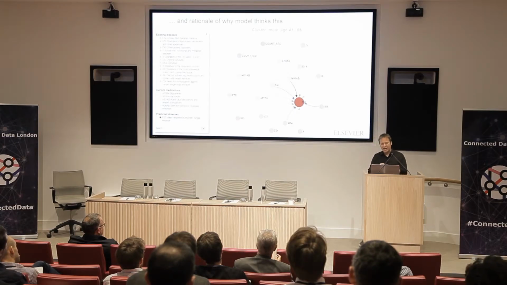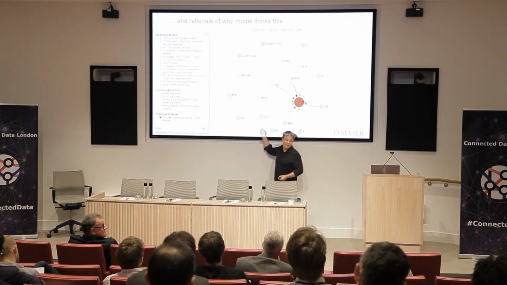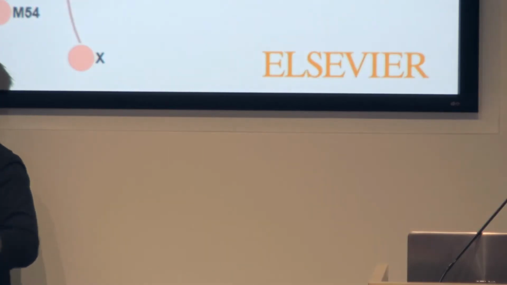We can display this: the blue is the current medications, these are your existing diseases, and the red is the likelihood, or the thing you're going to get. And the interesting thing is we can display that to somebody, and they can say, okay, these are high, I agree that these diseases are likely precursors to this other thing, and we can explain why that is.